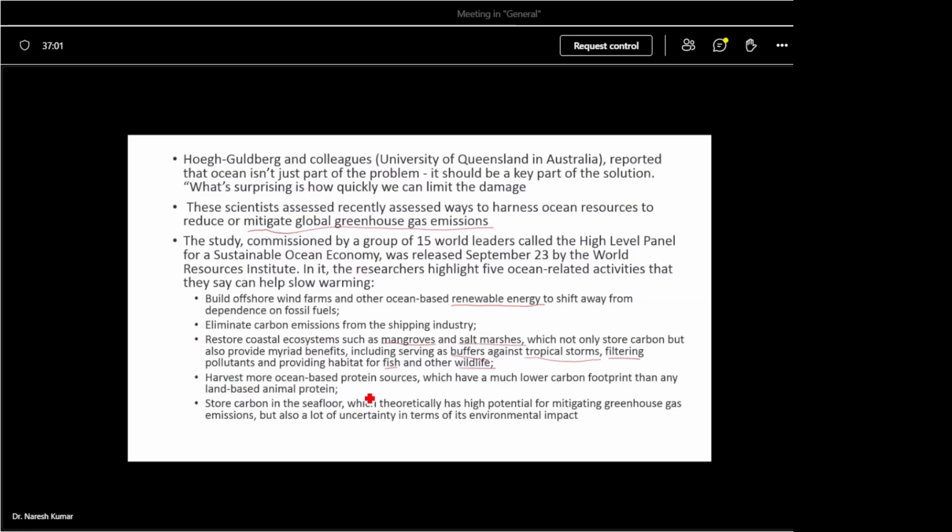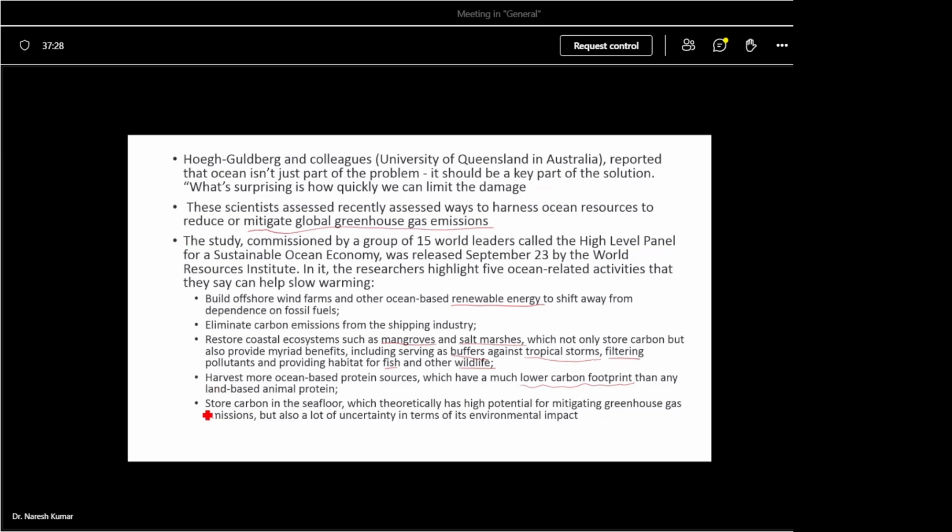And then harvest more ocean-based protein sources, because the overall point is understanding the carbon footprint. Those who are well aware may be able to break down the amount of carbon that is produced per kilogram of rice, per kilogram of wheat, per kilogram of fish, whether animal or plant-based.